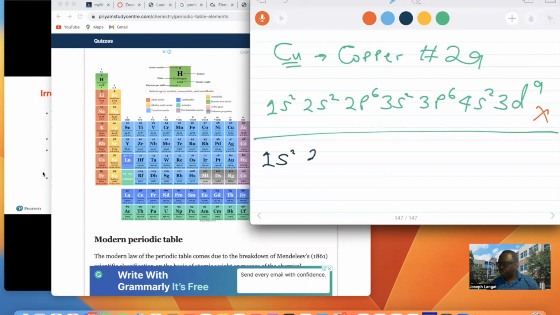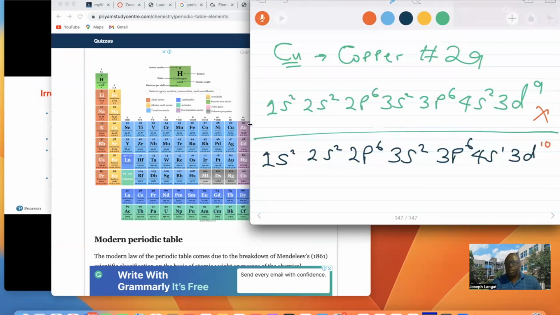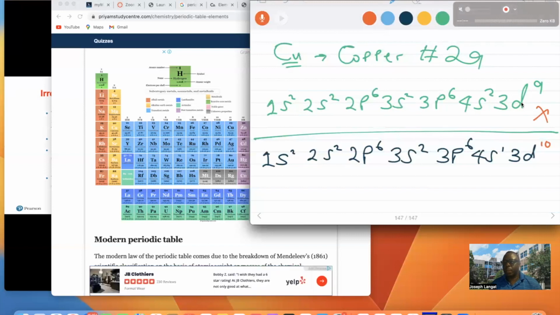The way it should look is 1s2, 2s2, 2p6, 3s2, 3p6, 4s1, and 3d10. I promote one electron to make the 3d sublevel fully occupied by electrons.